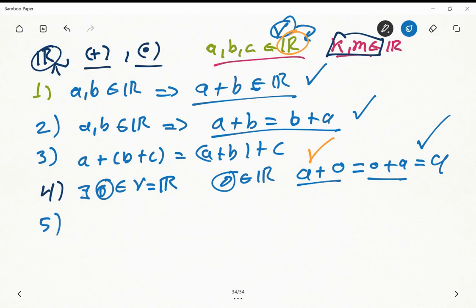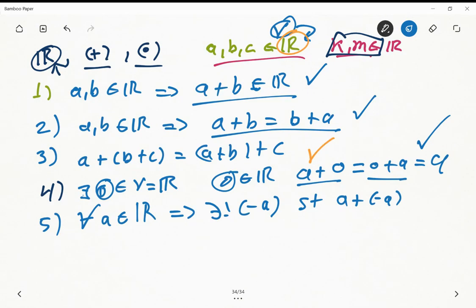Axiom number 5 says that for all the elements in the vector space, in this case the real numbers, there exists a unique inverse that is written as minus a, such that a plus minus a is equal to the neutral element, in this case 0.